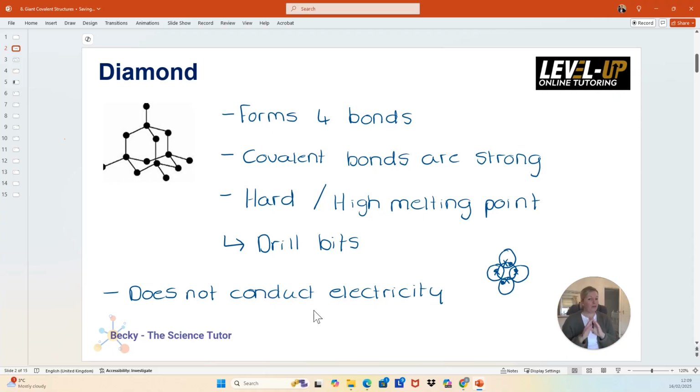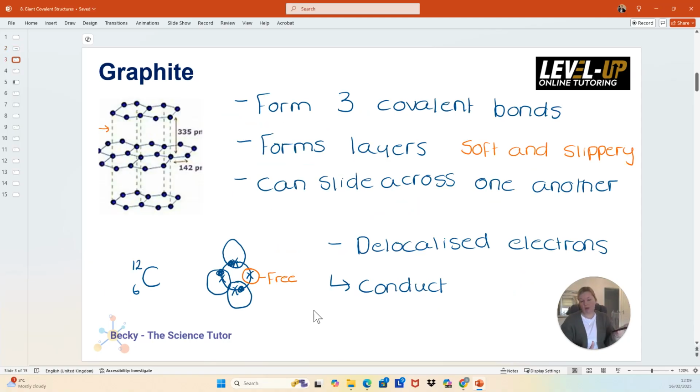So although it's made of exactly the same substance, it's all just carbon, because it has 4 bonds, each electron is involved in bonding, and therefore we don't have any free electrons that can move through the structure. Whereas in graphite, each carbon has 1 spare electron, becomes delocalized and can move through the structure.